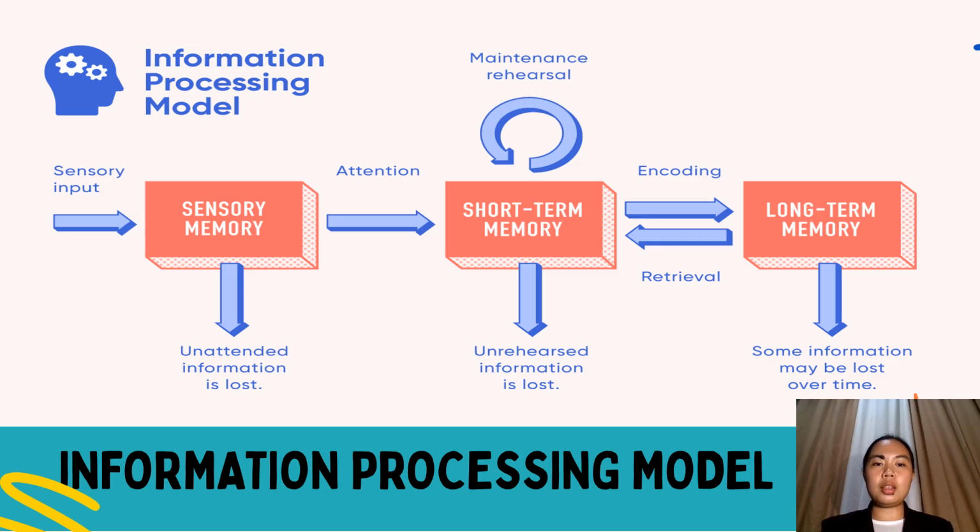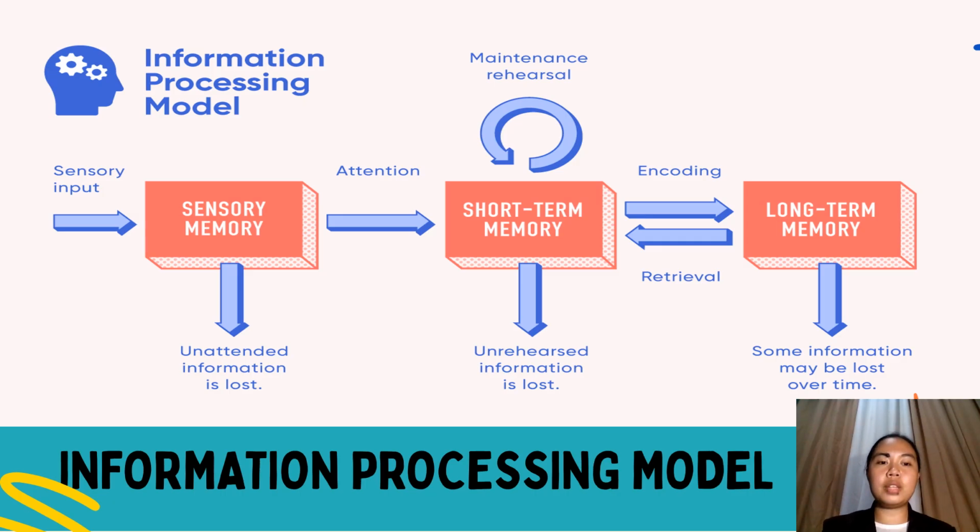So unattended information can be lost here, and unprocessed information can be forgotten. So rehearsal keeps information active. And also we have encoding. Encoding is the process of converting short-term memory into long-term memory for more permanent storage. So effective encoding enhances retention.